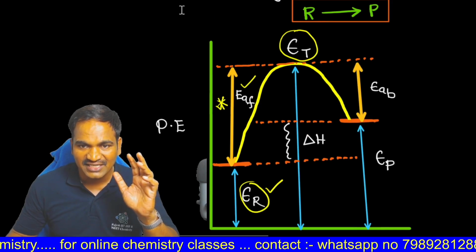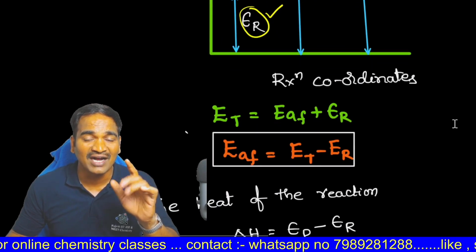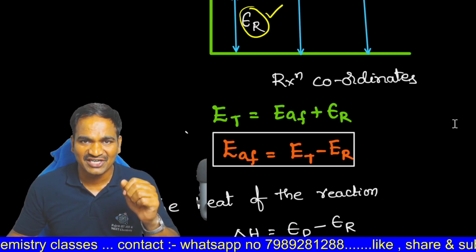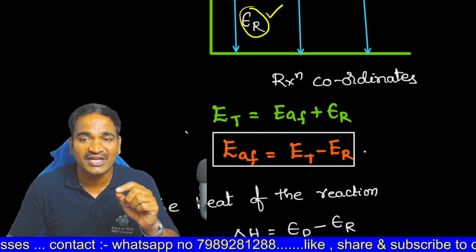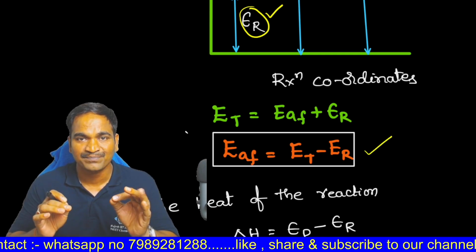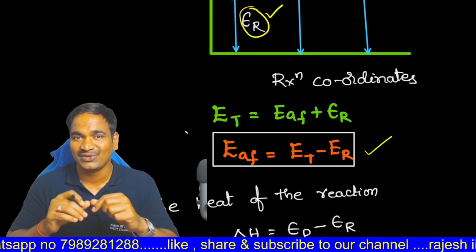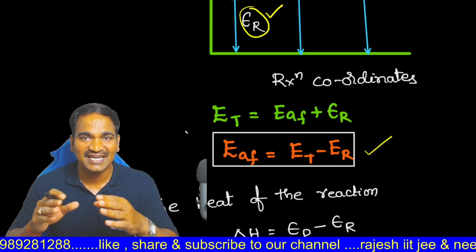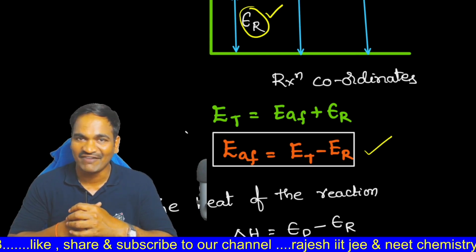Now if you want the activation energy for the forward reaction, or simply the activation energy for R gives P, EAF is equal to threshold energy minus energy of reactants. ET means threshold energy. That means if reactants want to convert into product, they should possess threshold energy. How much energy are the reactants containing already? ER, that means energy of reactants. If you subtract ET minus ER, you will get activation energy. Have you got it or not?